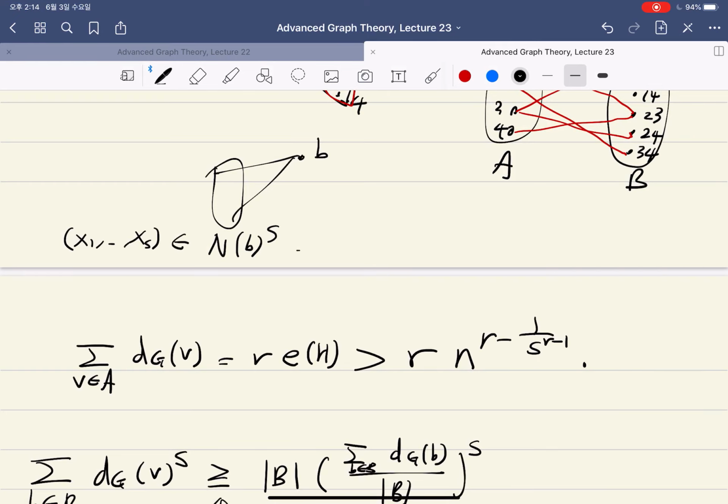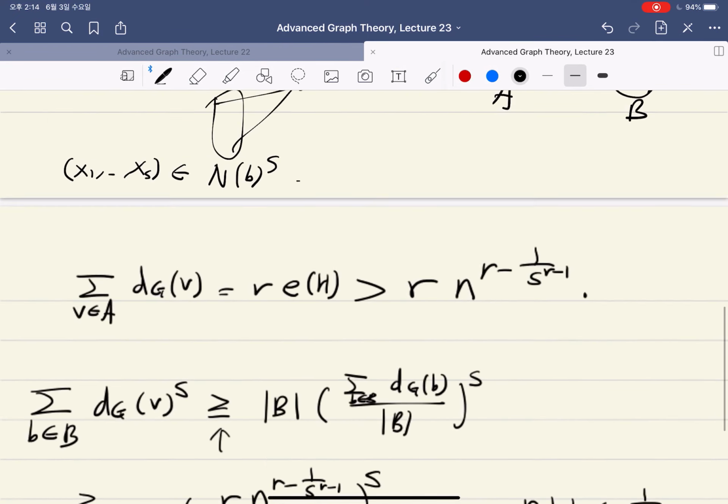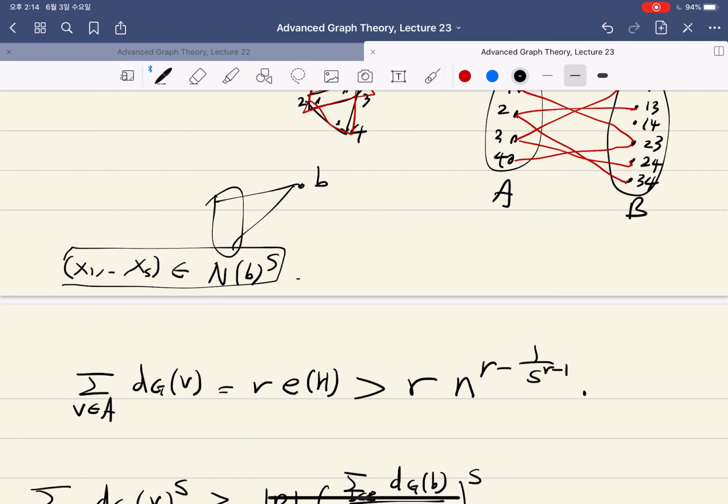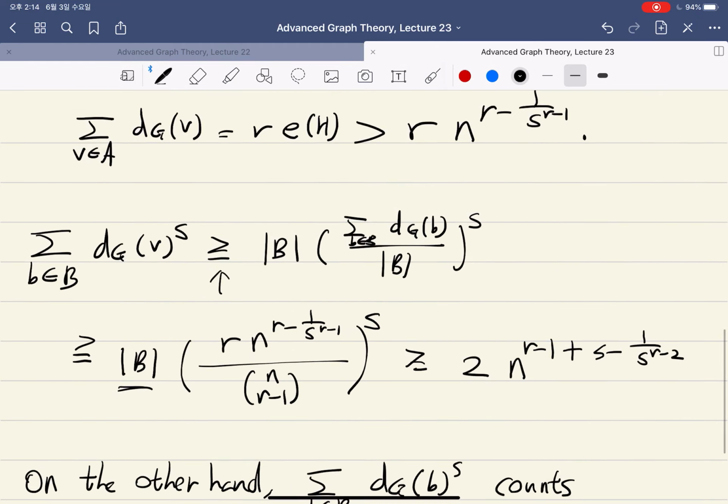What this means is that this is what we count in this expression.